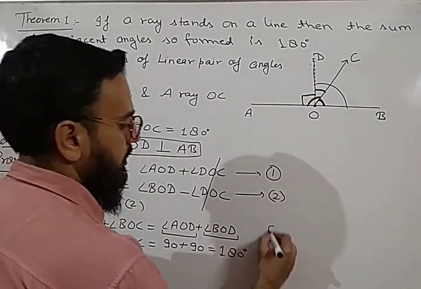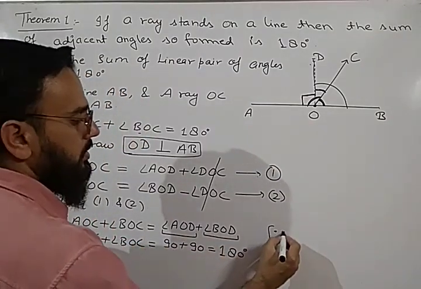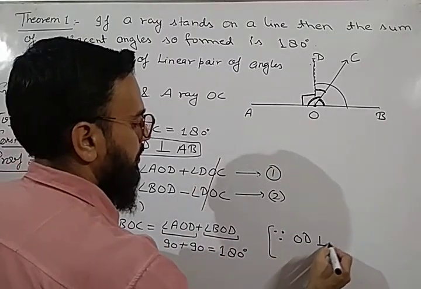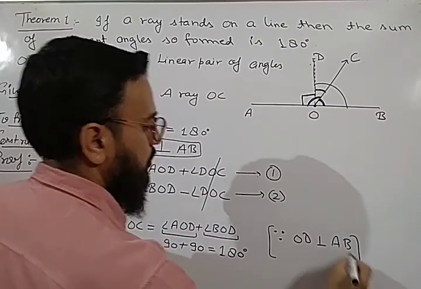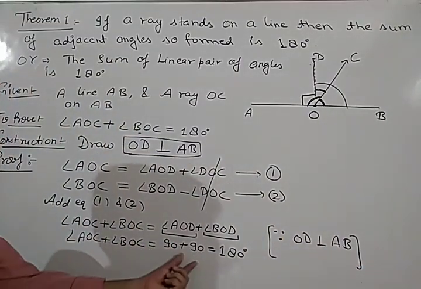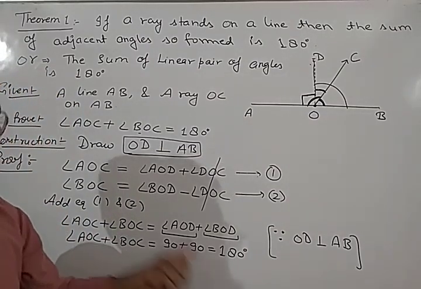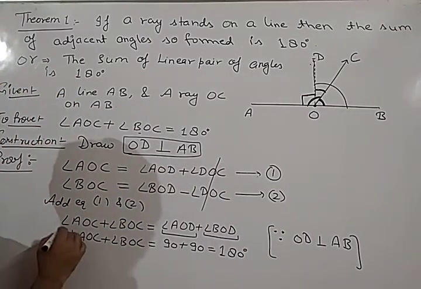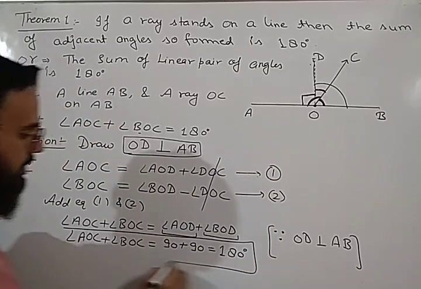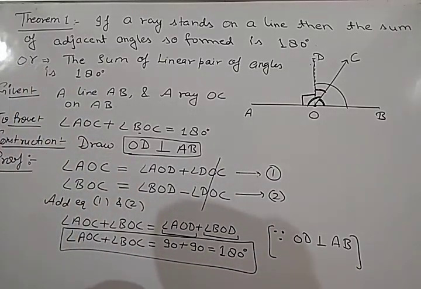And you have to write here why these are 90: since OD is perpendicular to AB. You have to give a reason also. So we get our answer, angle AOC plus angle BOC is equal to 180 degrees.